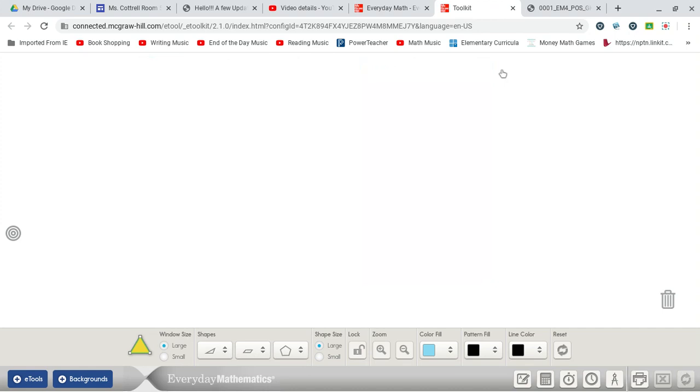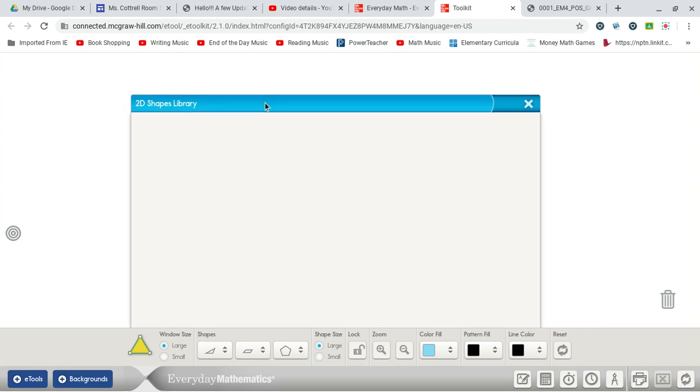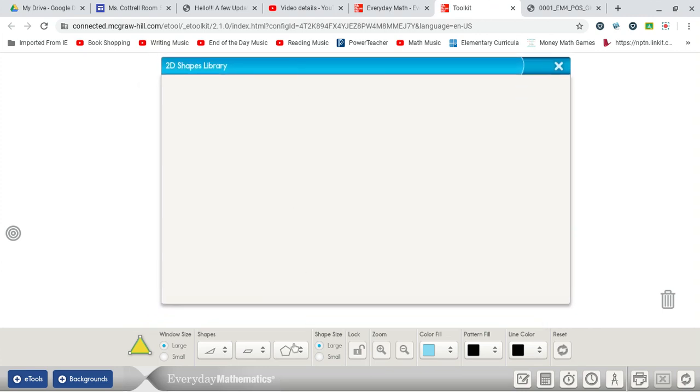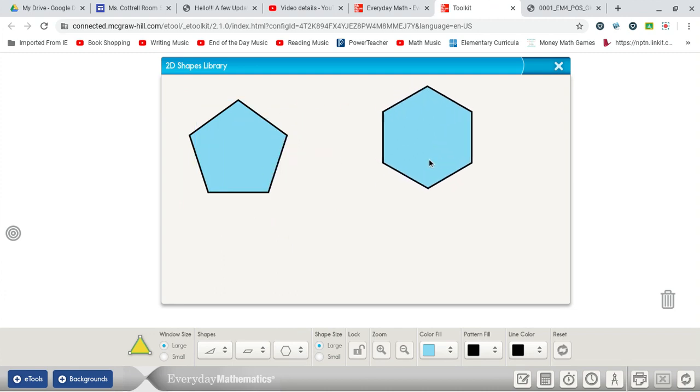All right, I'm just going to X out of this whole thing right now. All right, and we're going to look at this guy. But before we can do that, we got to bring this back up. Okay. And we're going to look at some pentagons, and we're going to look at some hexagons. So this guy right there is a pentagon, and this one right here is a hexagon. Okay.